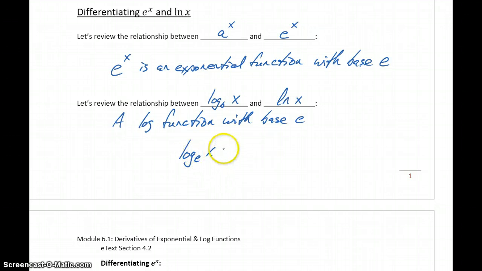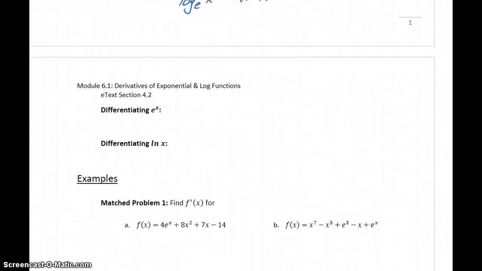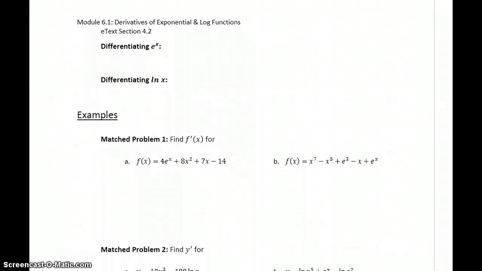And anytime we have log base e, we just simplify that and write that as the natural log of x. So again, natural log of x, or log base e of x, is just a common logarithm function that we see. So we want some more specific properties for differentiating these two special cases.